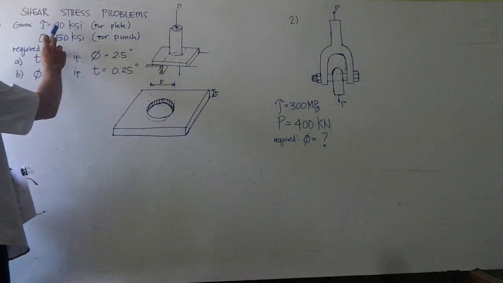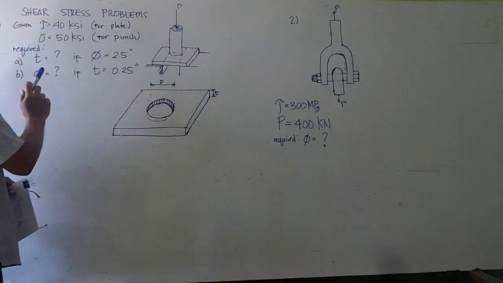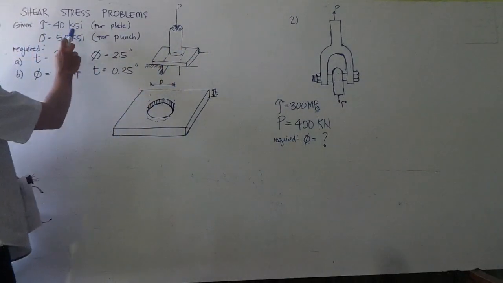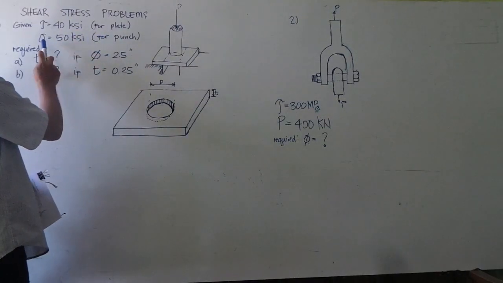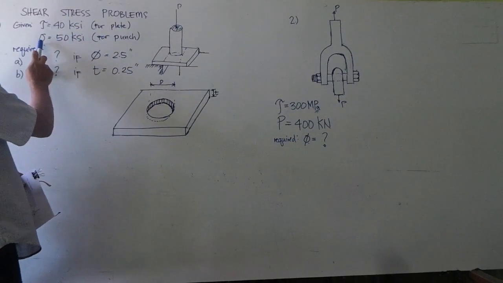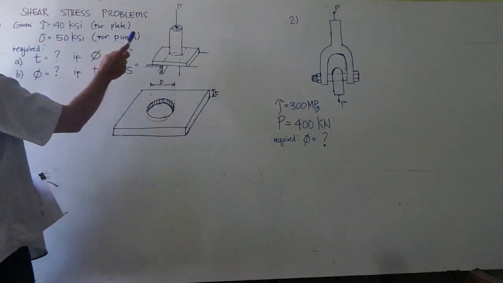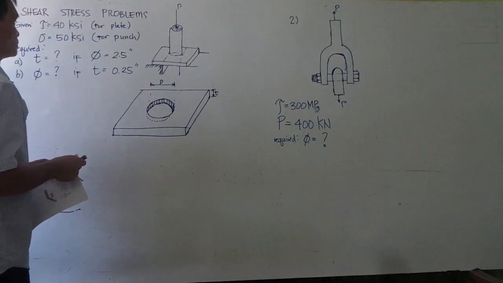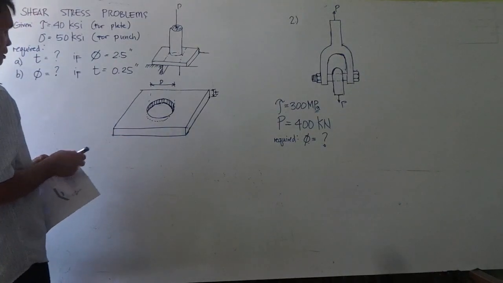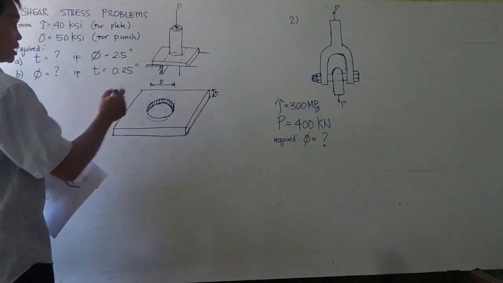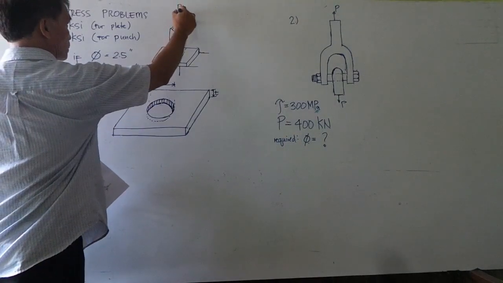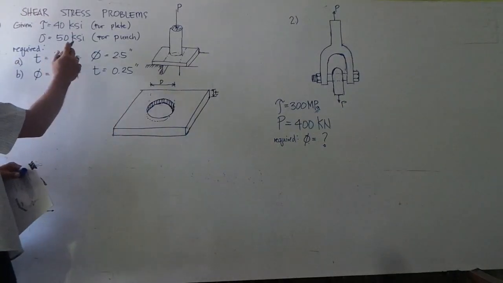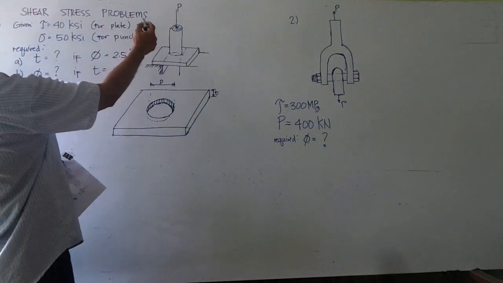So the given is the shear stress of the plate. This is our plate, and the shear stress is 40 psi. Then we also have the direct stress of the punch. The axial stress of the punch is 50 psi. Then we have the load in the punch.